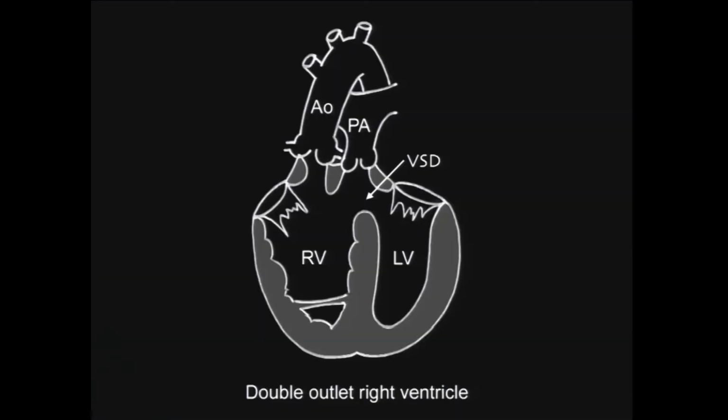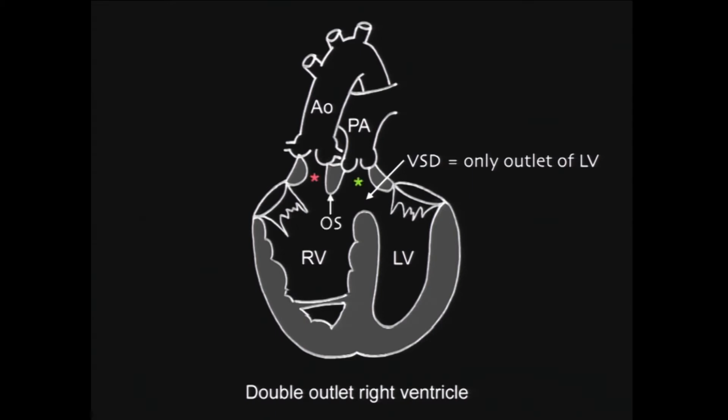So to define double outlet right ventricle, to describe the morphology of double outlet right ventricle, we have a couple of terminologies. Because the left ventricle does not have any outlet, VSD is almost always present. There are only a bunch of cases reported where the VSD is completely closed, but most of the time we have a VSD, and the VSD is the only outlet of the left ventricle.